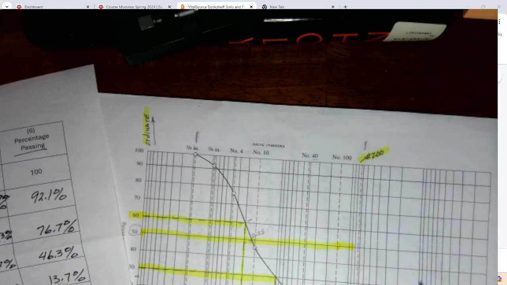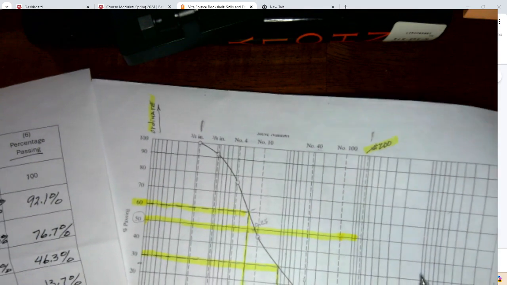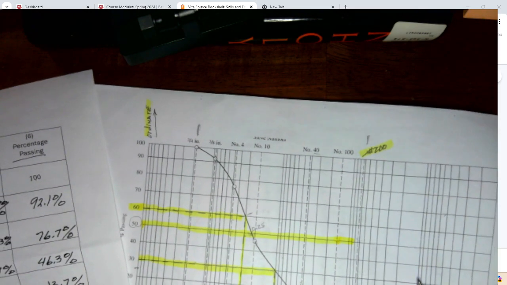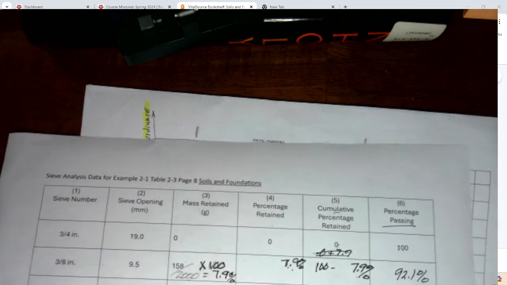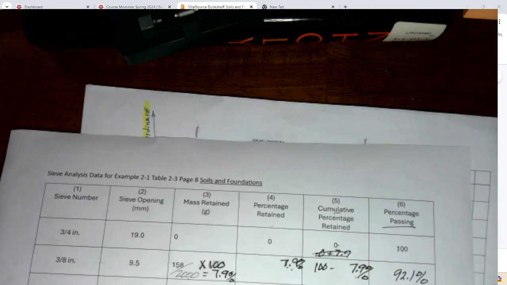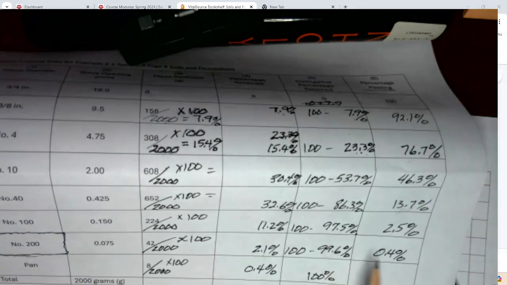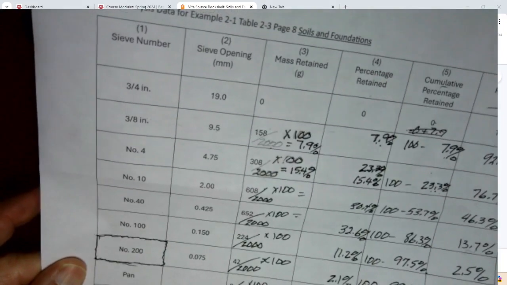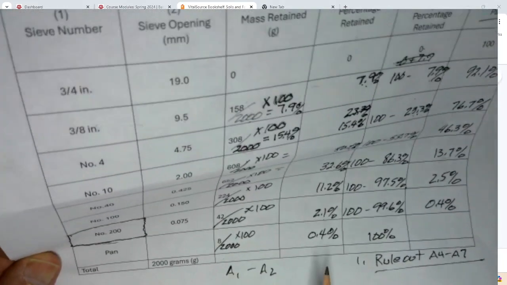Where's all my pencils? This number right here is now a 2.5%, as it is over here for the 100. And the number 10 is what we just talked about. The number 200 is 0.4%, as we just came up with a little bit ago.